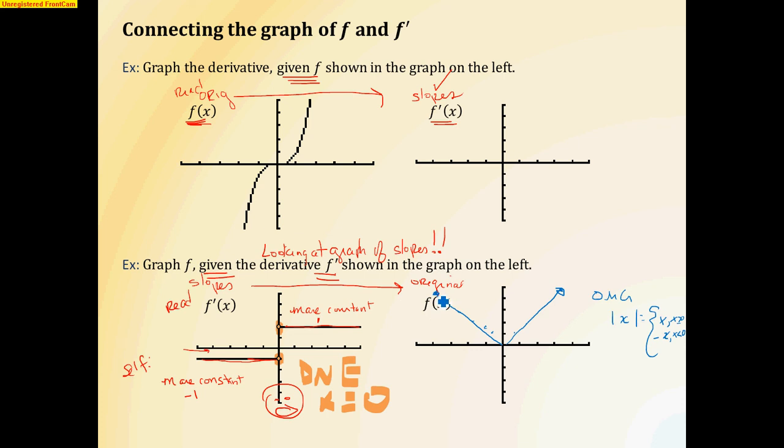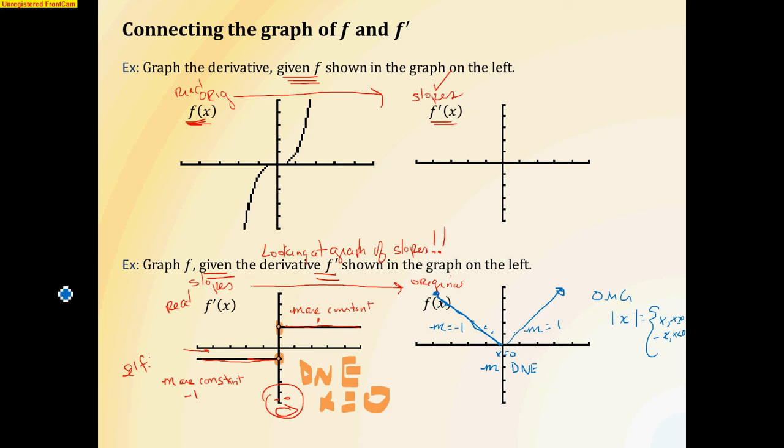The derivative exists everywhere in the domain except at x equals 0. The slopes here are -1. The slopes here are +1. The graph exists at 0, but the slope at 0 does not exist.